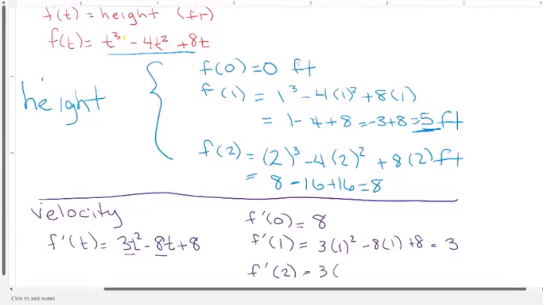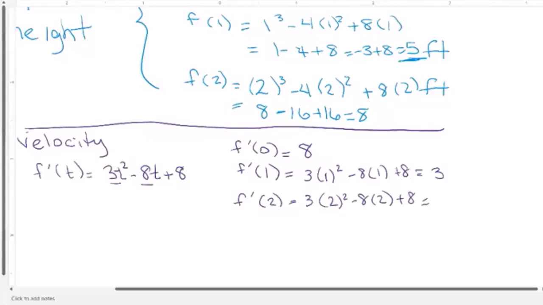That's equal to 3 times 2 squared minus 8 times 2 plus 8, which is equal to this is 12 minus 16 plus 8. 12 minus 16 is minus 4 plus 8 is 4. So now I know what my velocity is at time t equals 0, t equals 1, t equals 2.